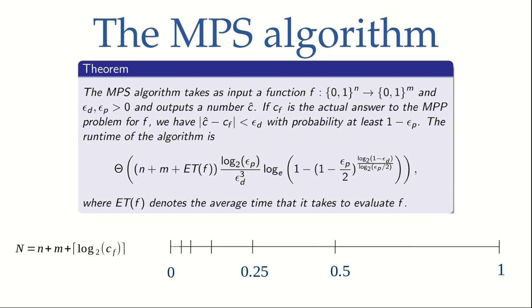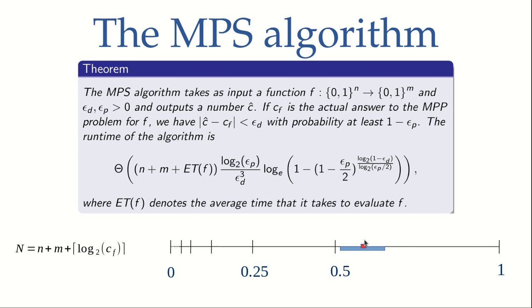And what this implies is that if our estimate for mu falls somewhere here, this red point, and if this epsilon d interval around this point looks something like this, so that it does not intersect the point 0.5 or 1, then this estimate of capital N that we would obtain is actually exact with probability epsilon p.